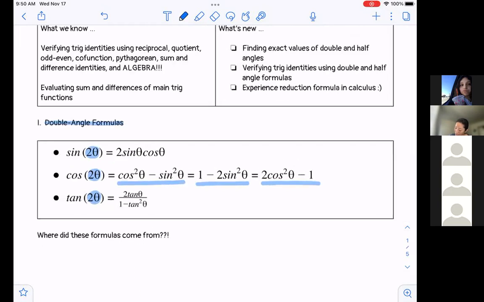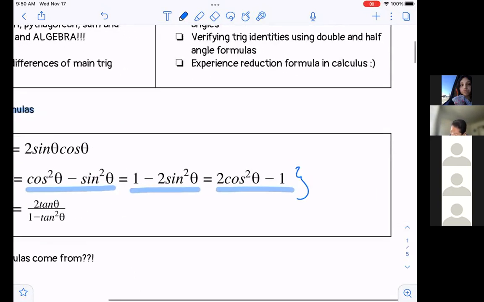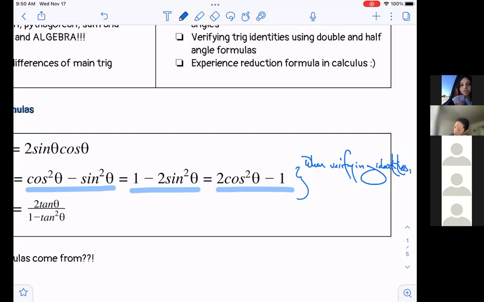A note I would like us to make for ourselves is for the cosine one, when verifying identities, we will have to choose which version works for which case.